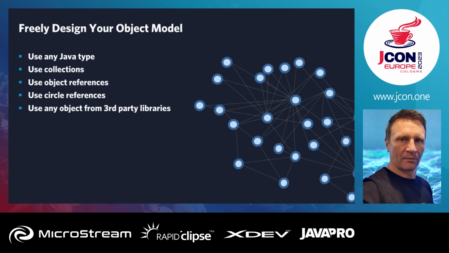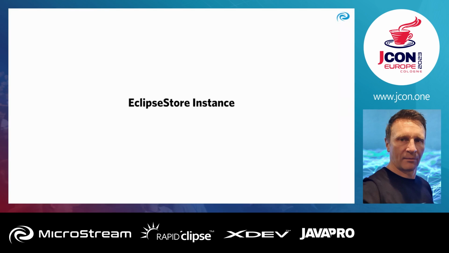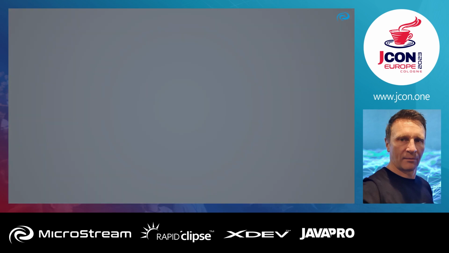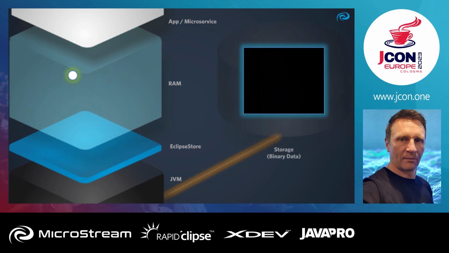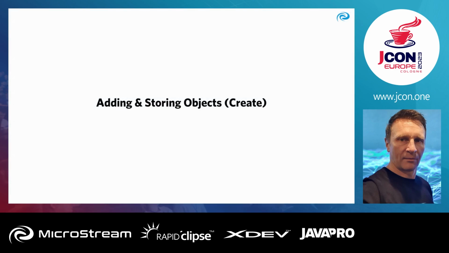As I mentioned, you can build your object model completely freely. So there are no interfaces to implement. There are no annotations. Just use all Java types. The only thing you need is an Eclipse Store instance, and a storage target.